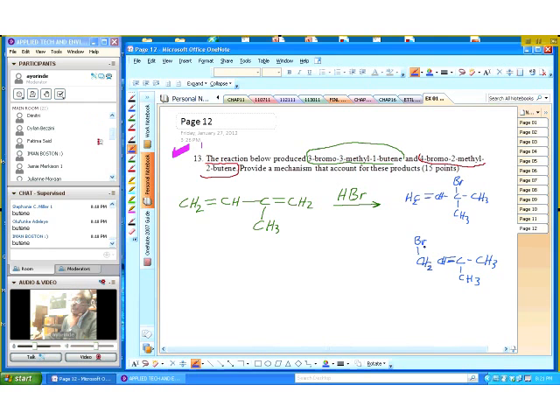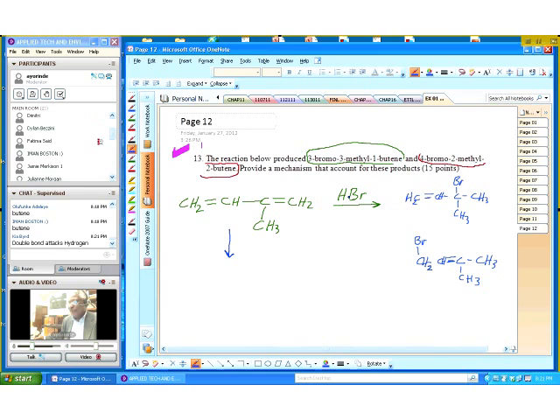What he wants us to do is to provide a mechanism that will account for the formation of these two products. Does anybody know the first thing we are going to do? Reacting this with HBr, this double bond attacks hydrogen.